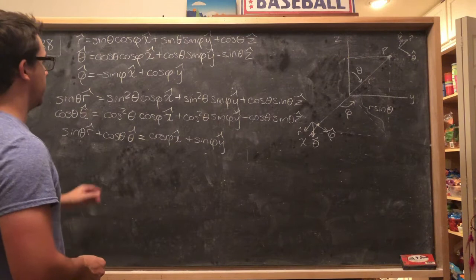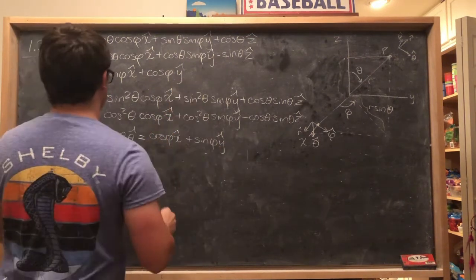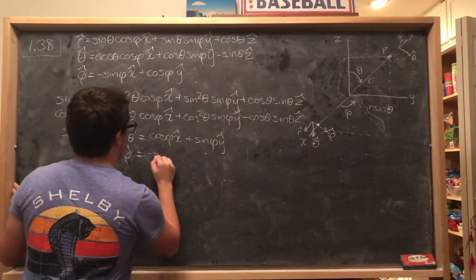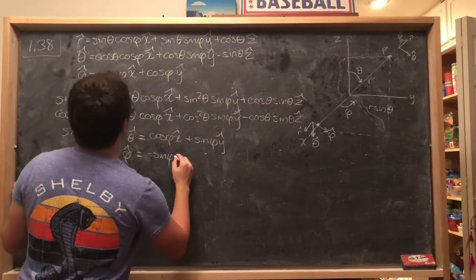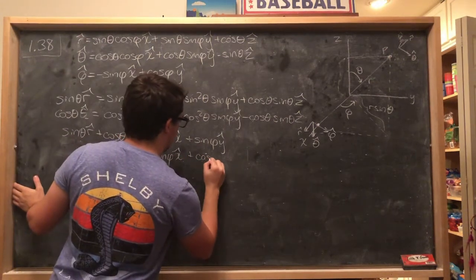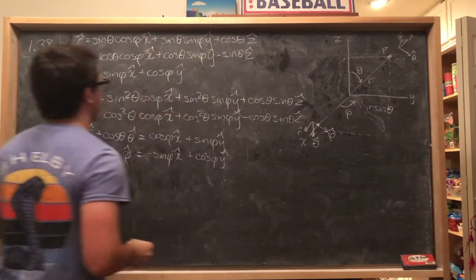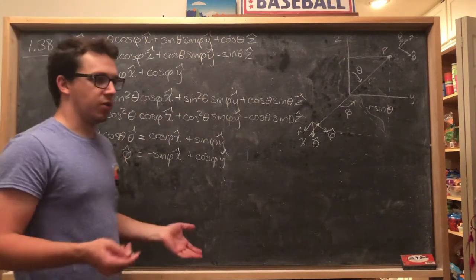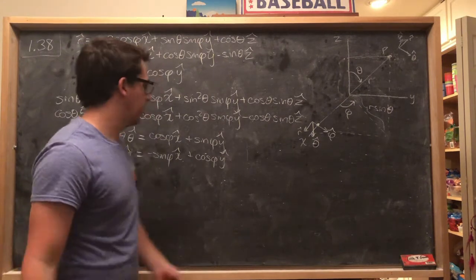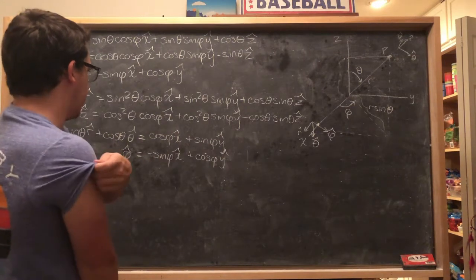But we'll also notice that this part looks sort of similar to our equation for phi hat. Phi hat equals minus sine phi x hat plus cosine phi y hat. We know that sine squared plus cosine squared equals 1, and we're going to use that fact to try and isolate these x hats and y hats.